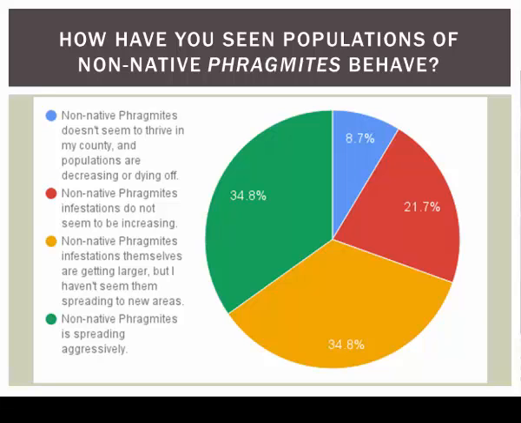And then we have about 35% each saying non-native Phragmites are getting larger, but I don't see them spreading, and the other one is that non-native Phragmites is spreading aggressively. So you can see there's still a mix in people's responses in terms of how this species is behaving in our state.